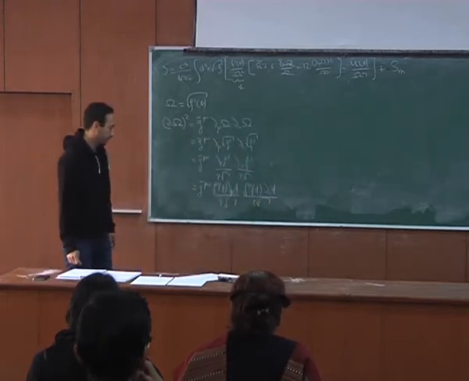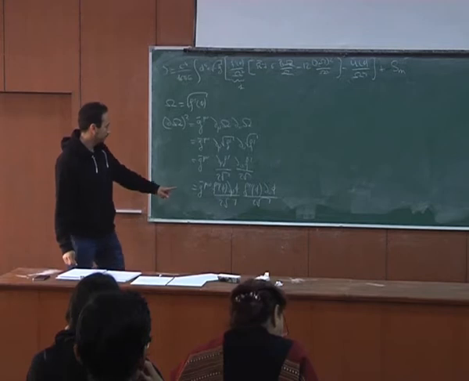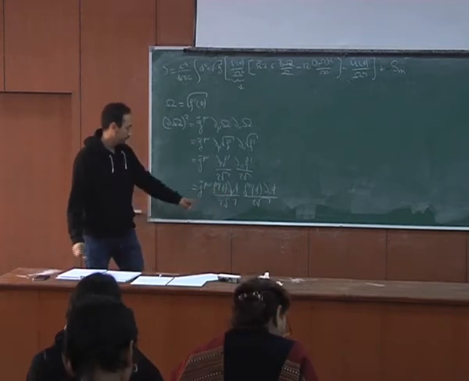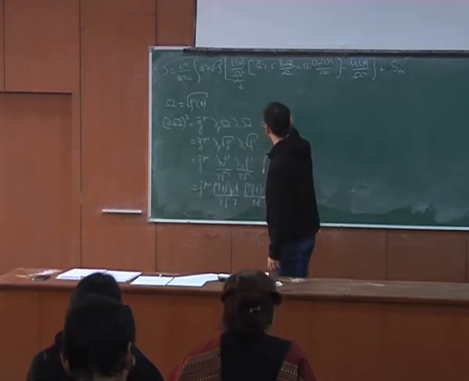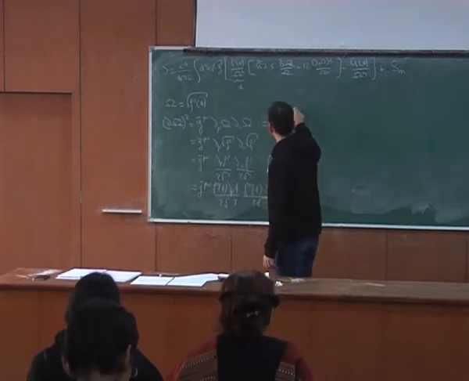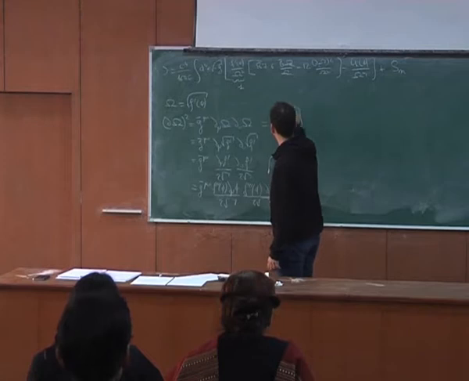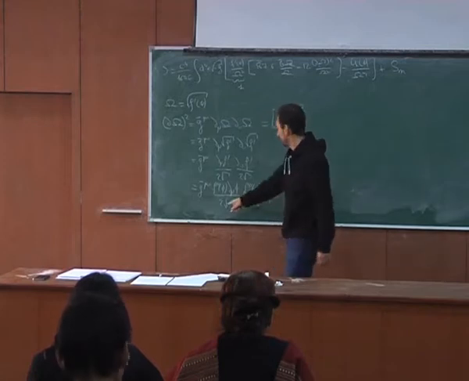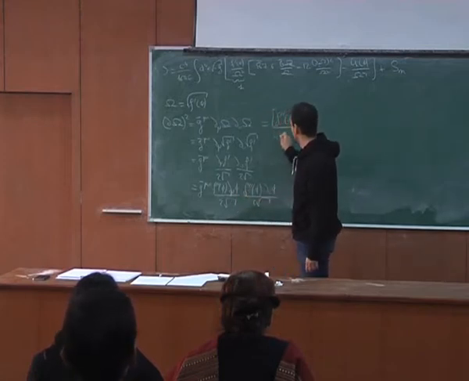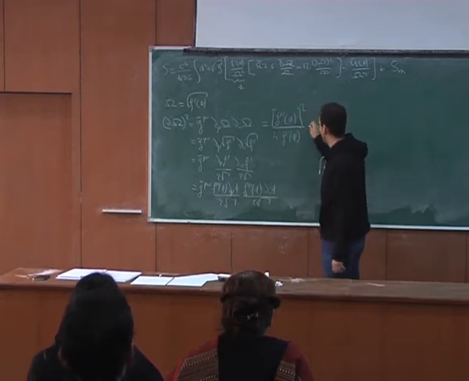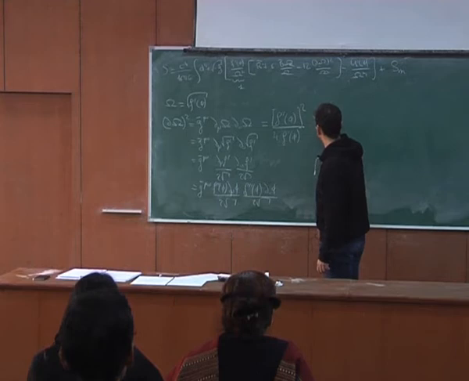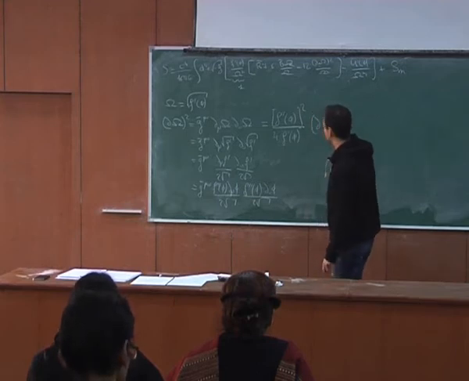So I ended with this relation, that this is equal to f double prime of phi squared divided by 4 times f prime of phi times the kinetic term for the scalar field.